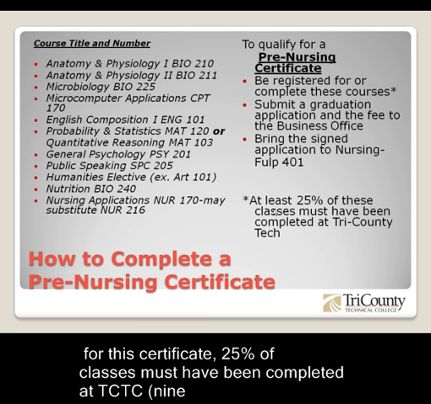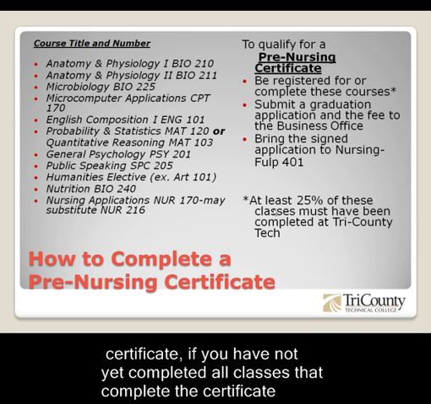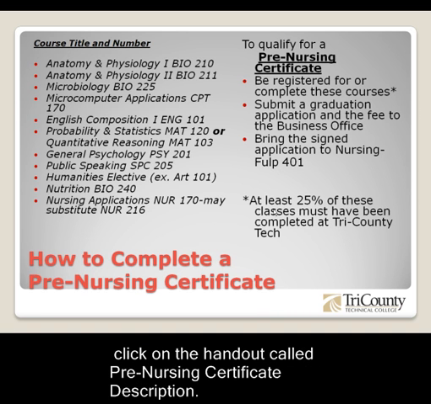To qualify for this certificate, 25% of classes must have been completed at Tri-County Tech. That comes to 9 credit hours. You must be registered for the classes that complete the certificate if you have not yet completed all classes that complete the certificate. If you'd like a copy of the slide that describes the pre-nursing certificate, click on the handout called Pre-Nursing Certificate Description.